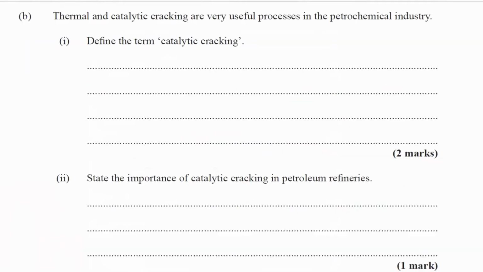Part B. 1. Thermal and catalytic cracking are very useful processes in the petrochemical industry. Define the term catalytic cracking. So let's just get right into it.